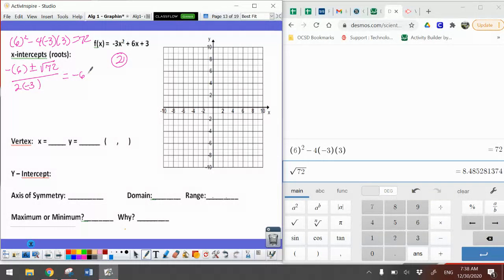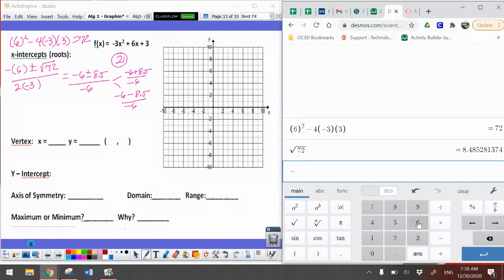So negative 6 plus or minus 8.5 over negative 6. Okay, and remember, that breaks into negative 6 plus 8.5 over negative 6 and negative 6 minus 8.5 over negative 6. So that's just calculator work.